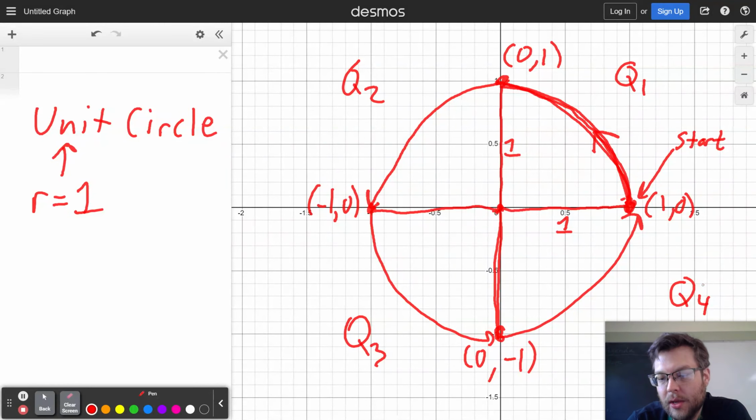Okay? So, what we're going to do is talk about two different ways of describing the angles. And I think that's one of the big challenges for students when they first see the unit circle, that there are these two different units of measurement. They're called radians and they're called degrees. And there's a way to convert between the two of them. It's similar to how we've got inches versus centimeters.